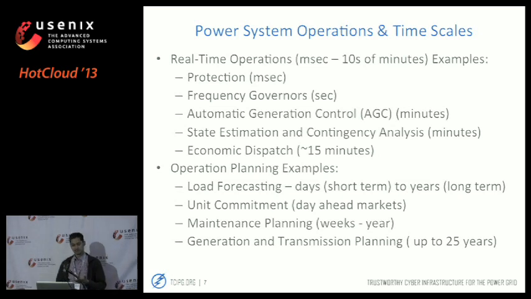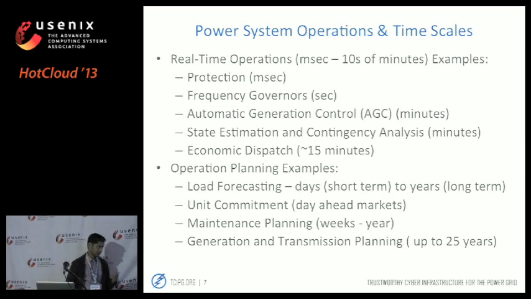And then economic dispatch. Economic dispatch basically decides which generator should produce how much power, and it happens every 15 minutes. Now that's day-to-day operations, and I'm not covering all the systems that are used. I just want to give you a flavor for the timescales. And then there are planning operations where they forecast the load day ahead, and there are also longer-term forecasts.